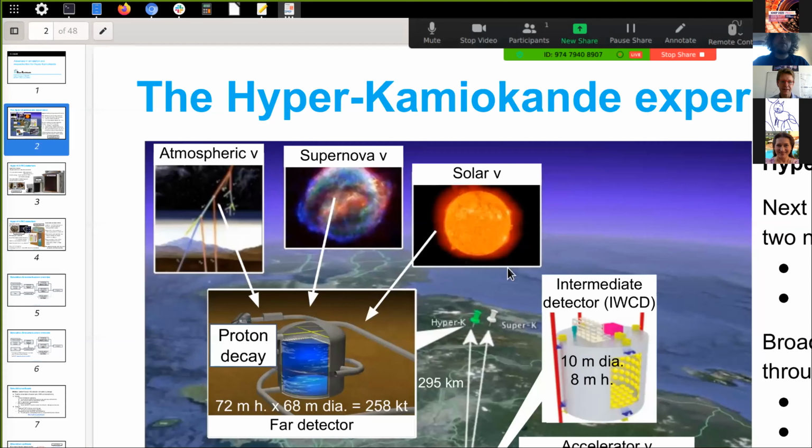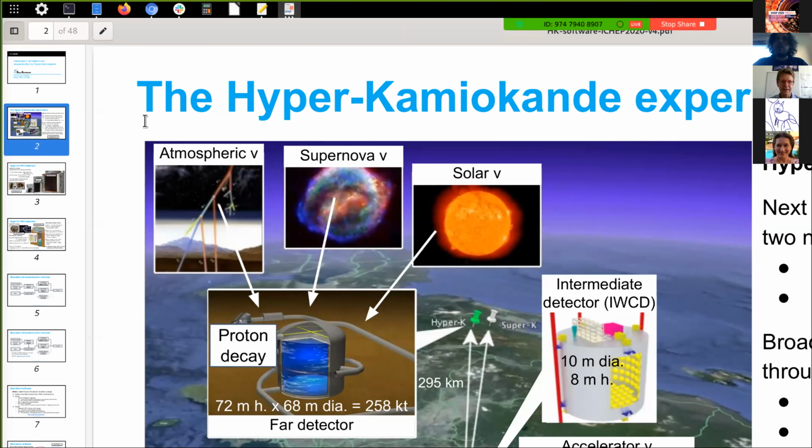So I've loaded the PDF now, but I guess you're not seeing that. I don't see the PDF. I see you, so I think it's just that your screen share isn't coming through. Maybe I'll try, sorry about this, stopping and restarting the screen share. Can you see the screen now?